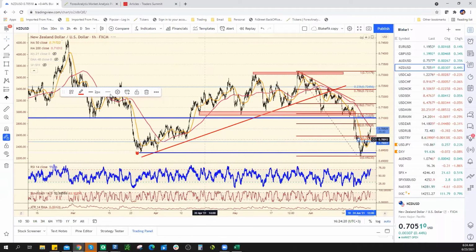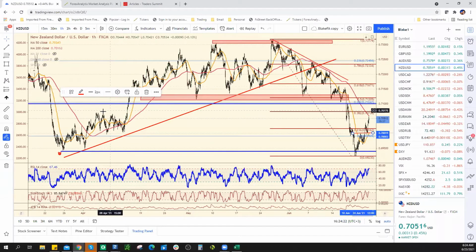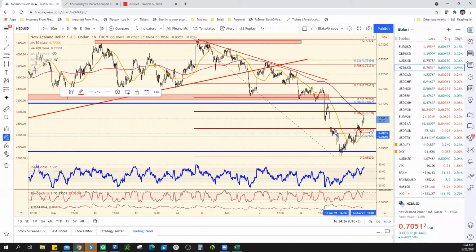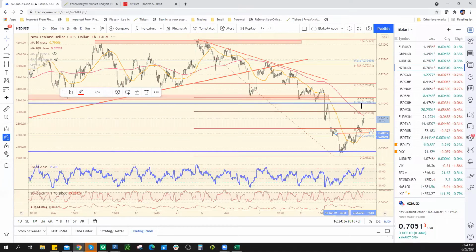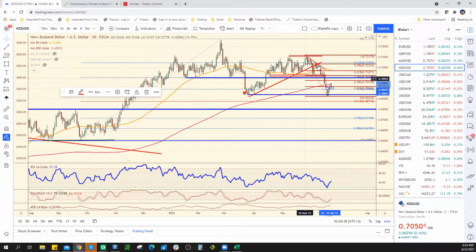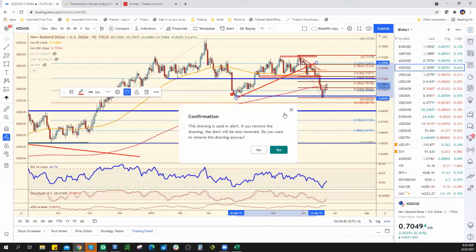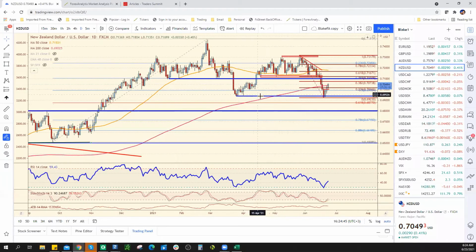And I have the Aussie as bearish, but I'm going to have the Kiwi as range bound. The reason why, guys, is that, unless you see something different than what I see, I don't see us coming out of a pattern.